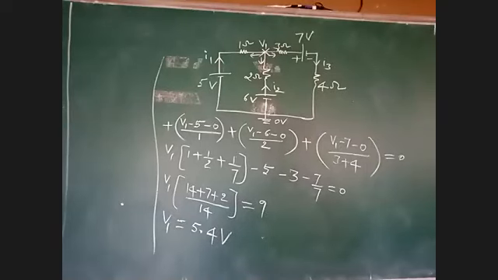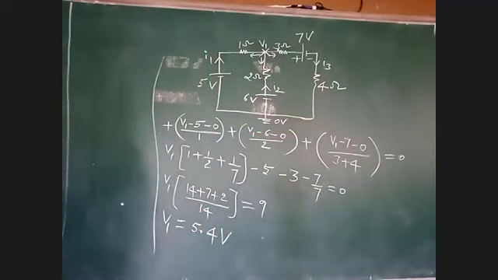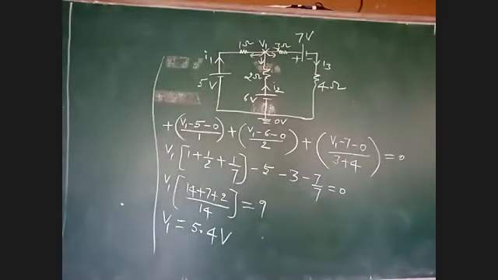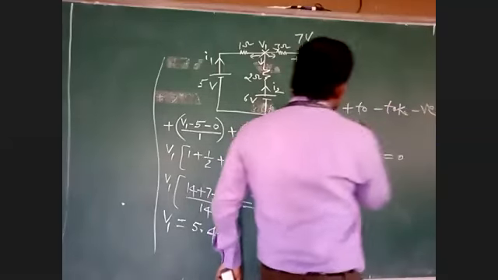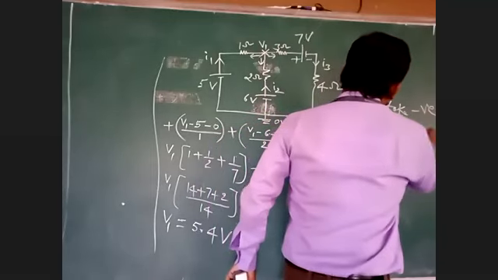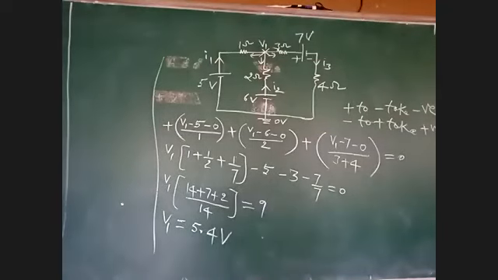In the last class I also told you: if current flows from plus to minus, take minus sign; if it flows from minus to plus, take positive sign. If the terminals are interchanged, then it would be V1 plus 7. Is it okay? Yes, sir.